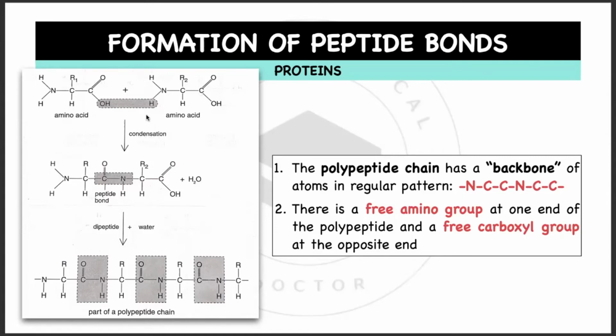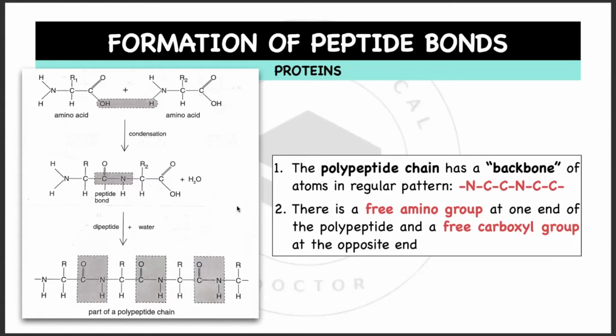So it is formed through the condensation reaction of the amino group of one amino acid and the carboxyl group of another amino acid. So when they come together through condensation reaction, condensation means removal of water, and they will form this part over here, the peptide bond, and because it's between two amino acids, you get a dipeptide.